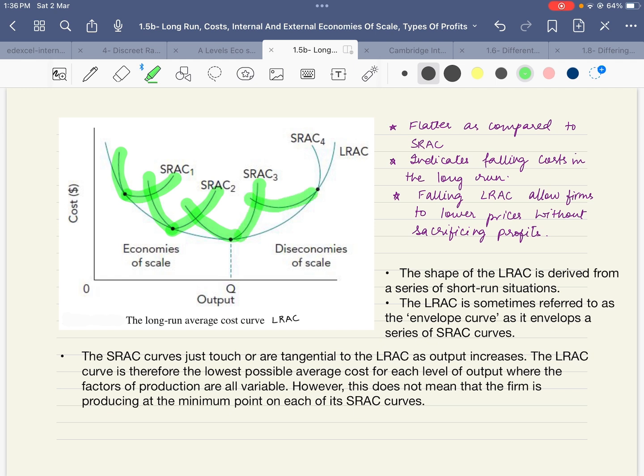When the firm hits the lowest possible cost in the short run, at that point the SRAC is tangent to the LRAC curve, which does not at all mean that at every point where SRAC is tangent to the long run average cost curve, the firm is producing at the lowest possible cost.